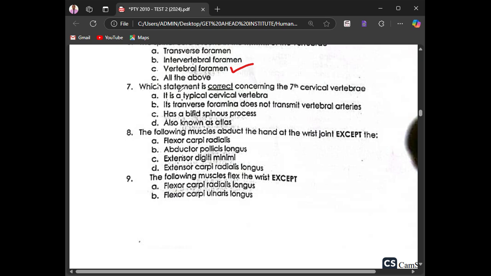Question 7 says, which statement is correct concerning the seventh cervical vertebrae? A, it is a typical cervical vertebrae. B, its transverse foramen does not transmit vertebral arteries. C, it has a bifid spinous process. D, it is also known as atlas. Which one are we going with here?